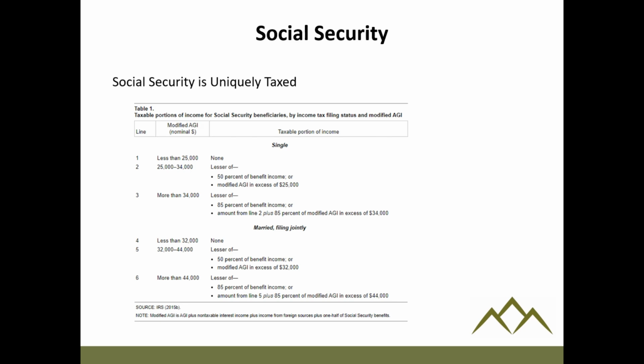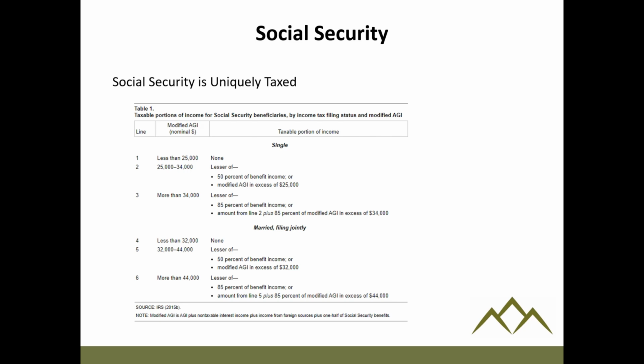When it comes to your federal return, Social Security can be a bit of a wild card, because whether it's taxed and how much of it is taxed is largely dependent on how much other income you have. This slide breaks down where those phase-outs are, whether we're talking about a single taxpayer or somebody in a married filing jointly status.